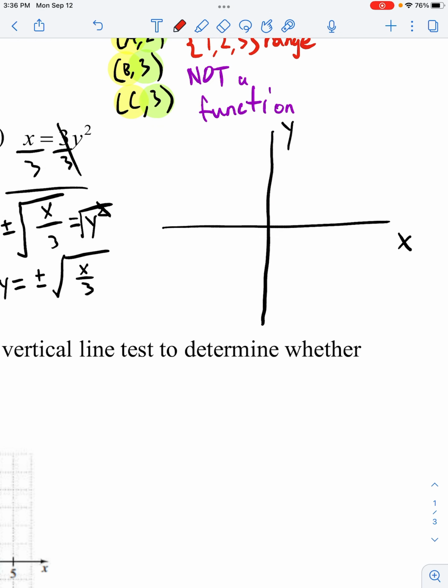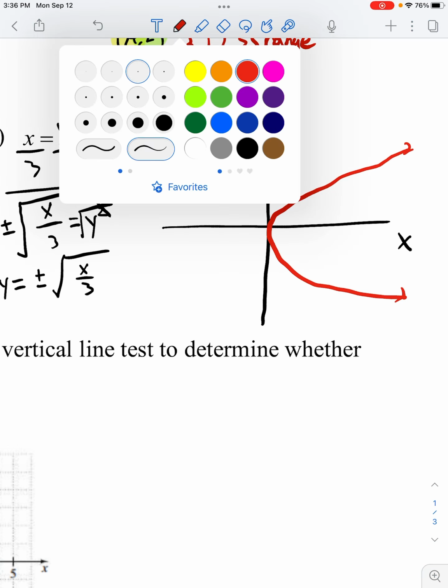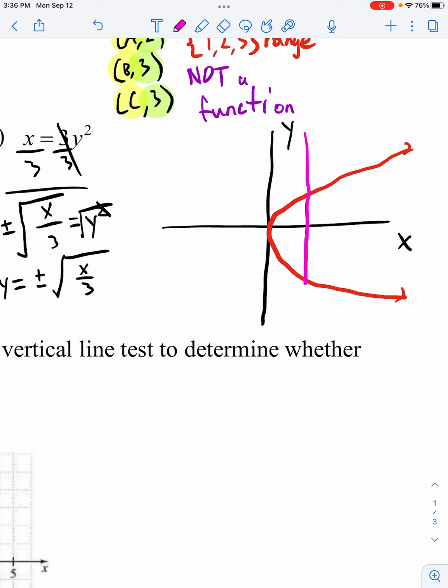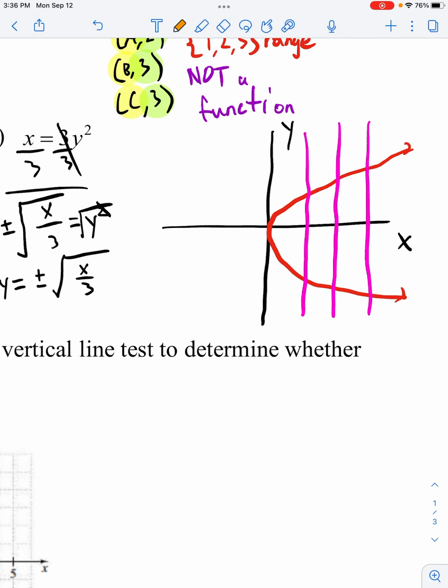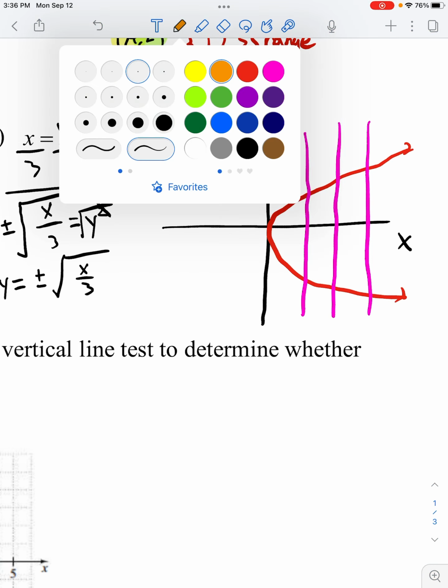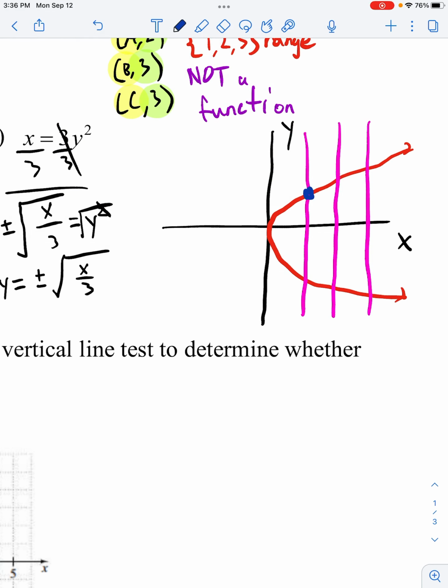It's going to look like a sideways parabola. And then notice when we do the vertical line test, if we try to draw a bunch of vertical lines through my graph, a lot of them intersect my graph. Let's use a better color. Let's do blue. A lot of them intersect my graph in 2 different places.